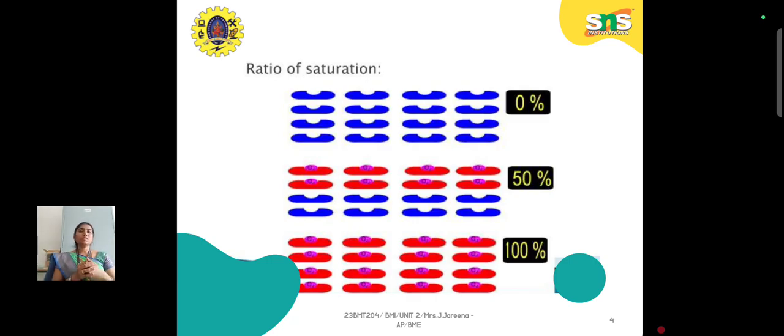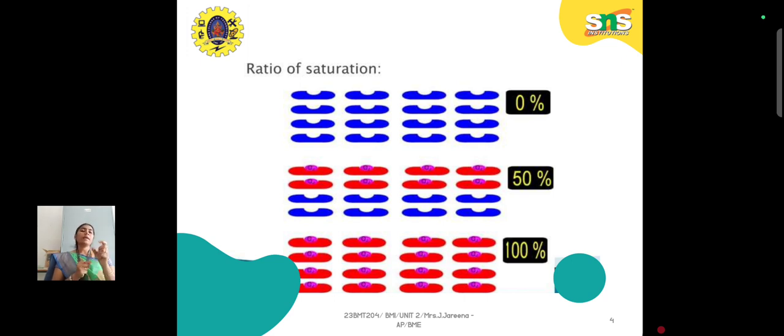supply will take place. Okay, so the oxygen saturation ratio is nothing but a combination of deoxyhemoglobin and oxyhemoglobin. If we have 0%, it means no oxygen is bound with hemoglobin. 50% means you can see 50% oxyhemoglobin and 50% deoxyhemoglobin, and 100% means all the hemoglobin is bound with oxygen.